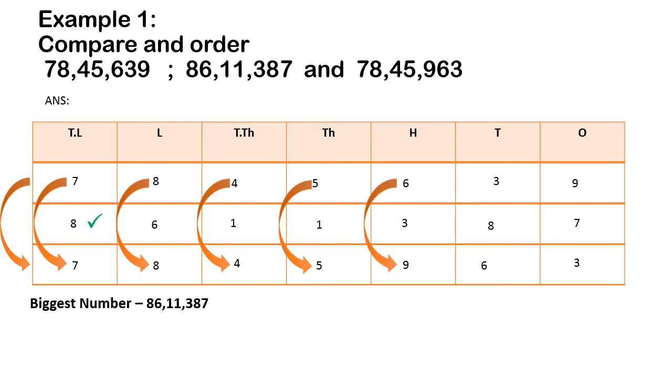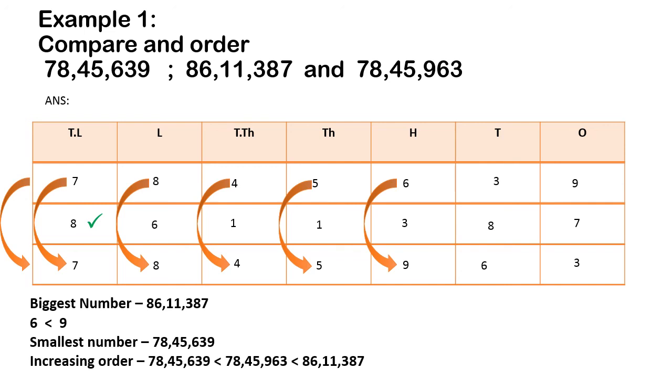Now look at the next place value, that is hundreds place value. 6, 9. Among these 2 numbers 6 and 9, which one is the smaller number? 6. Which one is the bigger number? 9. So 6 less than 9. So we can say that the smallest number is 78 lakhs 45,639.